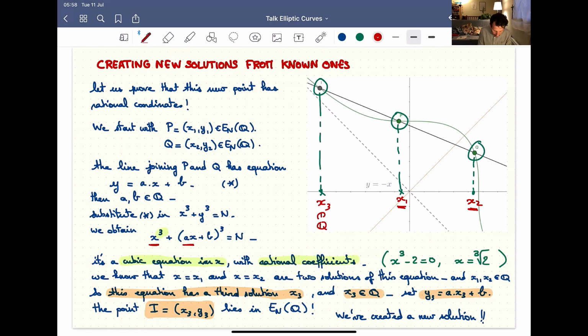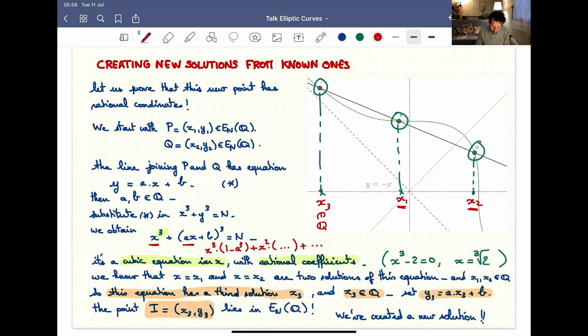When you expand this, the coefficient in front of x cubed is 1 minus a cubed, and then there are terms with x squared and lower terms. But sometimes a cubed equals 1. Then this first term just doesn't exist, so it's not a cubic equation anymore, but a quadratic equation in x. And then the whole thing just fails.